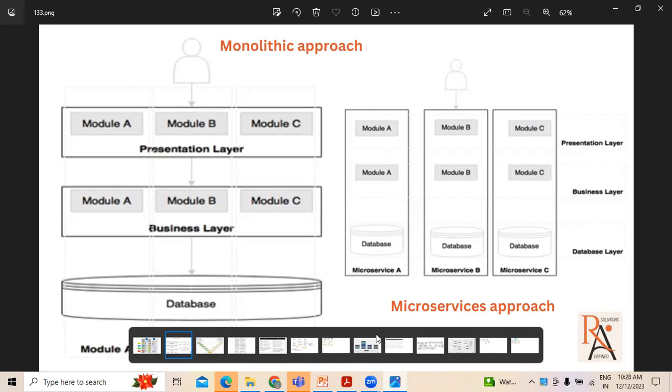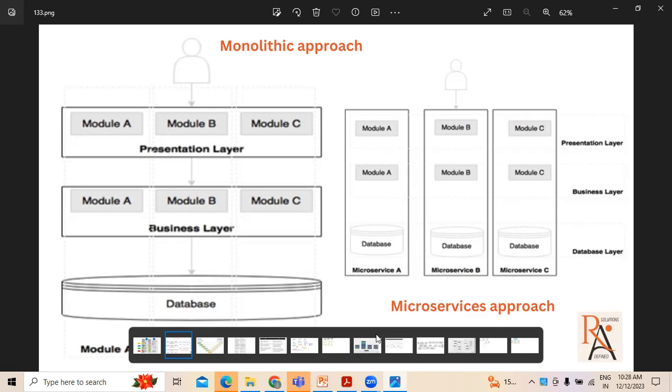Or if you want to extract any data, for example to visualize it using different tools like Power BI or Tableau, or extract reports from data that was already there, writing some SQL queries, all these things are combined under the data layer.